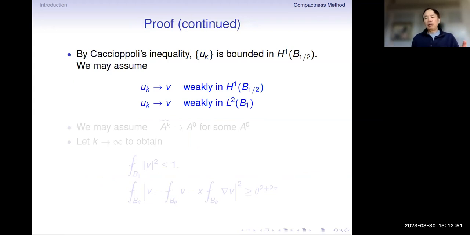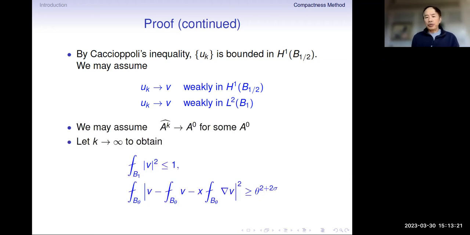So first of all, by Caccioppoli, we know the sequence is uniformly bounded in H1, B1 half. And therefore, we can assume it weakly converges in H1, B1 half, and strongly converges, and weakly converges in L2, B1, because the L2 norm is uniformly bounded on B1.